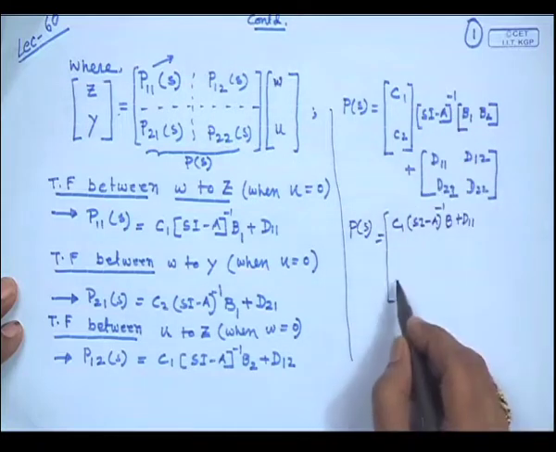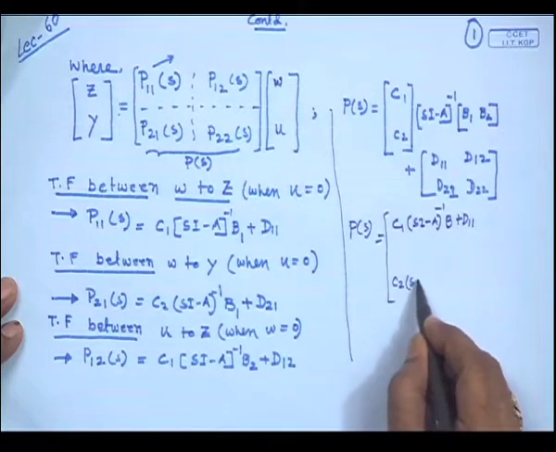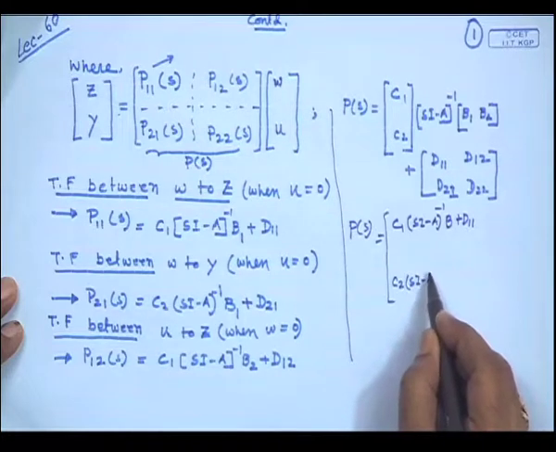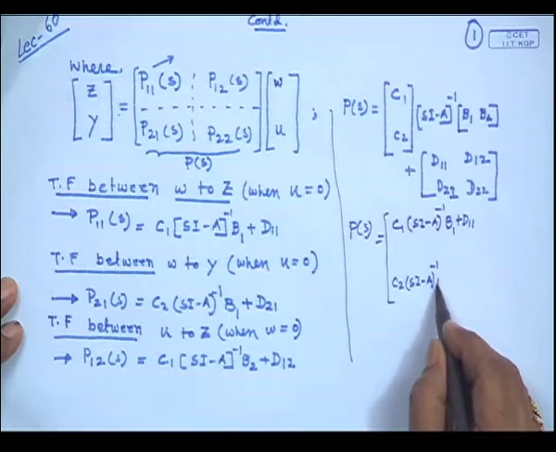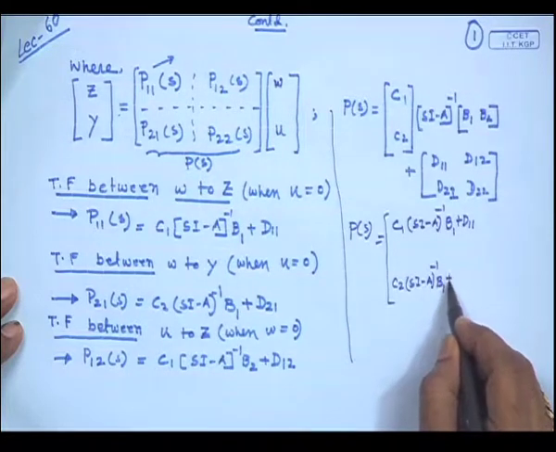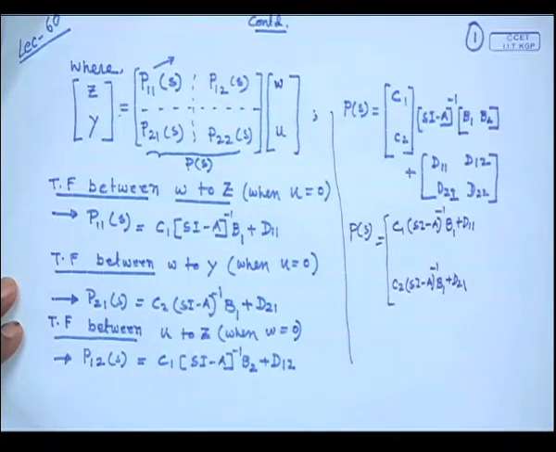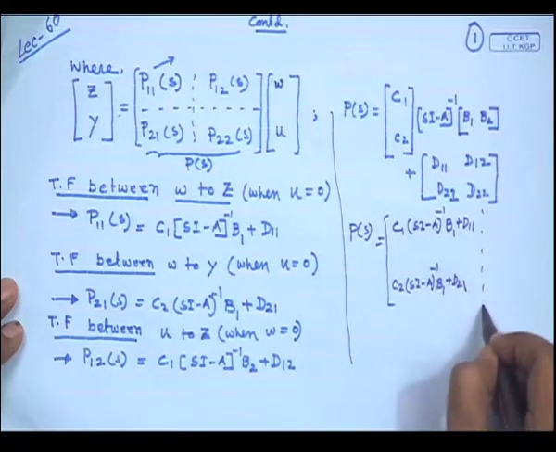Similarly, you can write C 2 (s I minus A) inverse B 1 plus D 2 1.